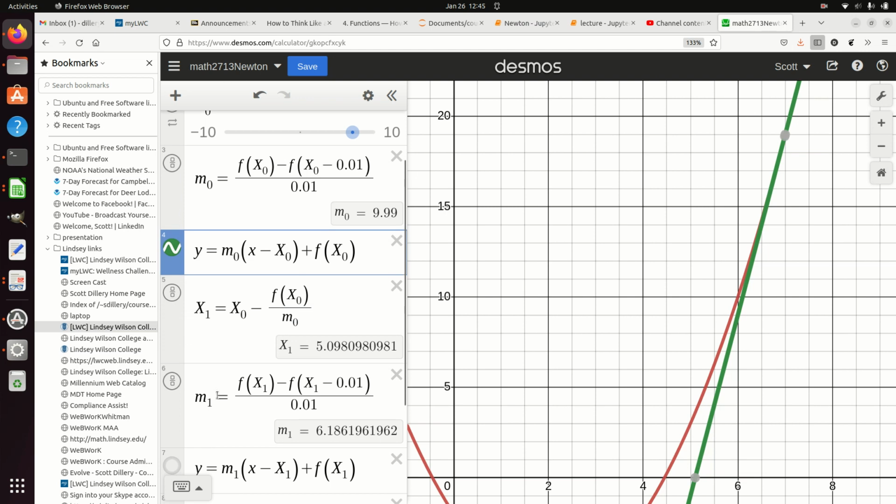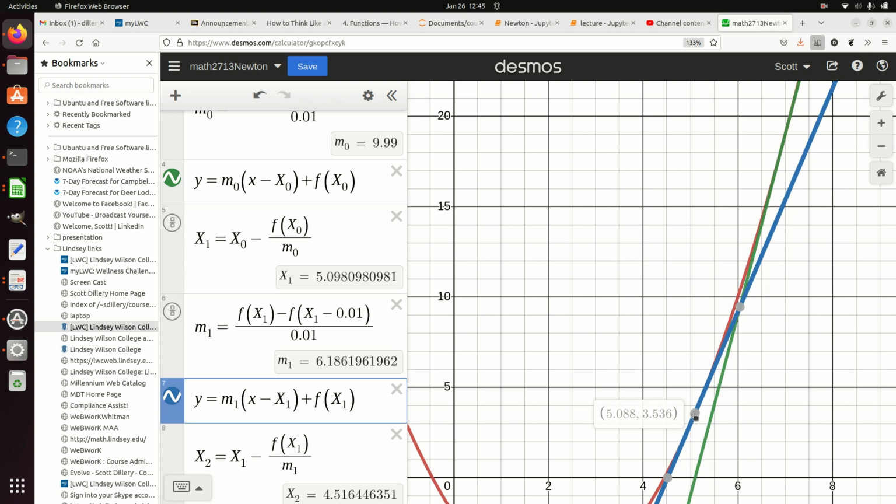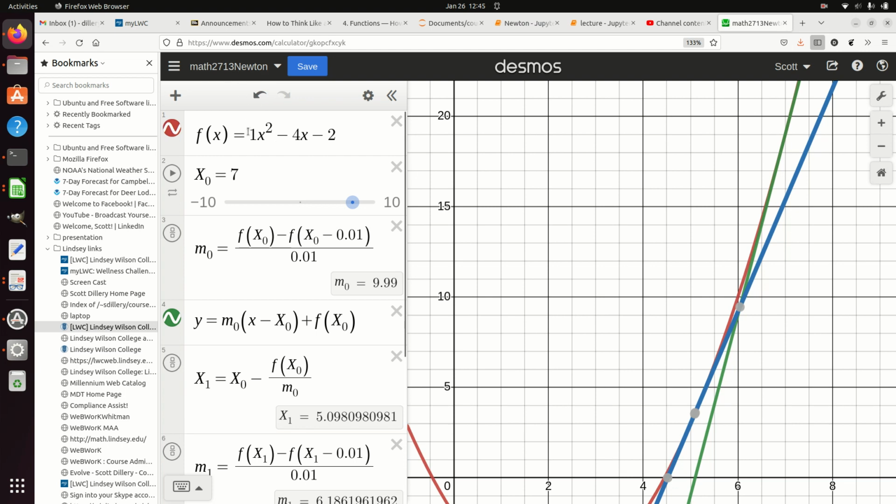And if I do that again, I get this line. And again, here are my 2 points, actually, very close together. And then they come down, and notice how they're getting very close to where this function up here is actually equal to 0.